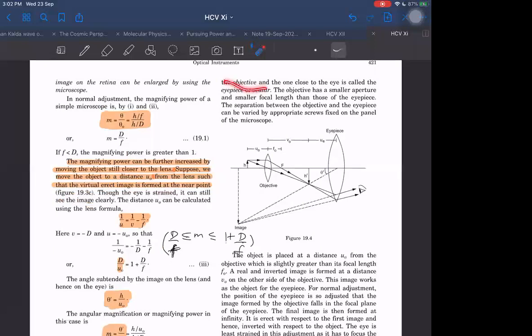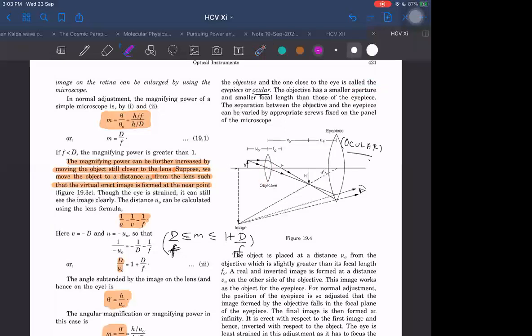There are two lenses, one called the objective and the other called the eyepiece. The one closer to the eye is called the eyepiece. The one closer to the object is called the objective. The eyepiece is also called the ocular. This side is the object and that side is the eye. The objective has a much smaller aperture, aperture means size.